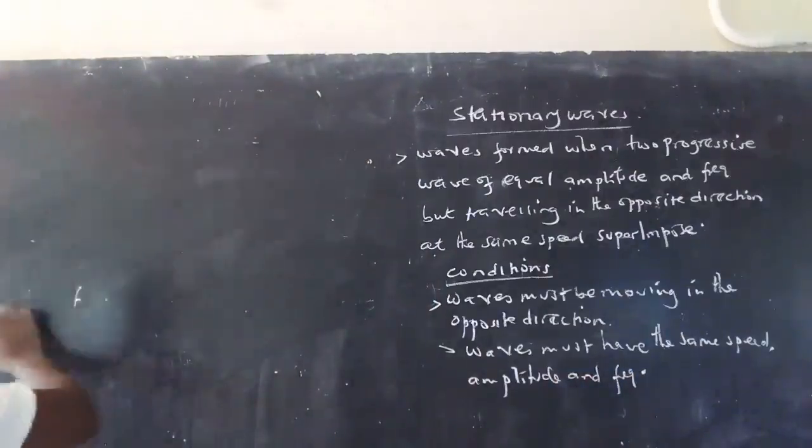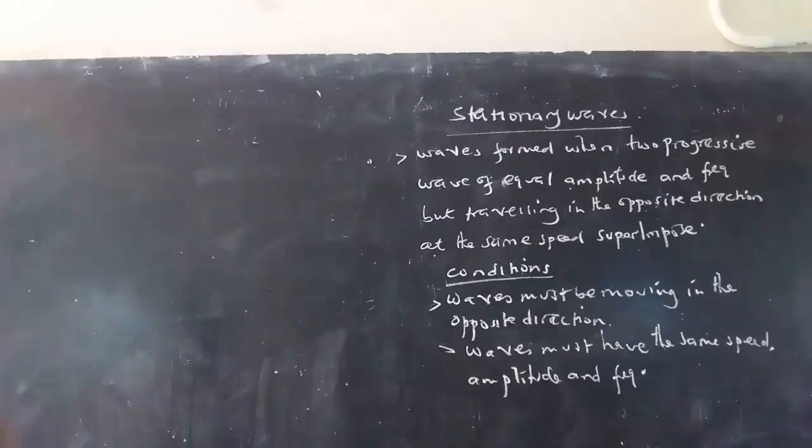Then we shall go to the formation of stationary waves. You say stationary waves are formed when two waves of equal frequency and amplitude, traveling at the same speed in opposite direction, are superposed, resulting in formation of antinodes and nodes.